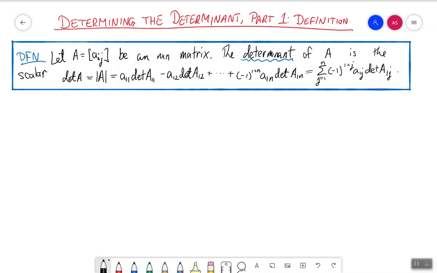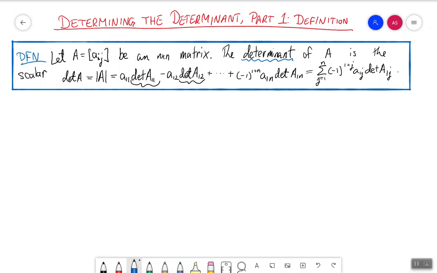Now remember from the intro video to this lesson that the determinants over here and so on are called the minors of the matrix A. So in particular, capital A sub 1, 2 and capital A sub 1, 1 and so on, whenever we're talking about determinants, they refer to the matrix I defined in the previous video, in the intro video for this lesson, and not to the ij entry.